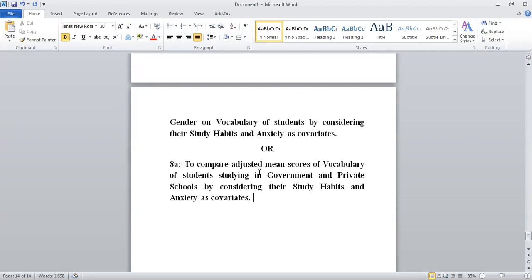So this is the objective where I have used the word adjusted mean.